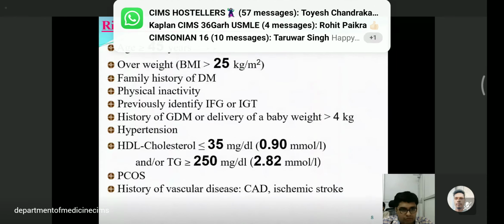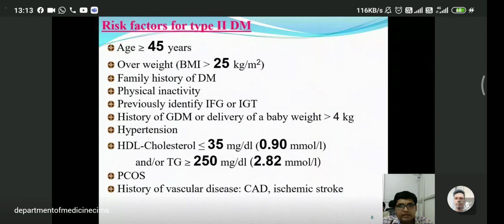Either of the parents or both would be diabetic, with a sedentary lifestyle, physical inactivity. Previously, they would have had impaired fasting glucose or impaired glucose tolerance test. Females could have a history of gestational diabetes mellitus or delivery of a large baby, more than 4 kg.